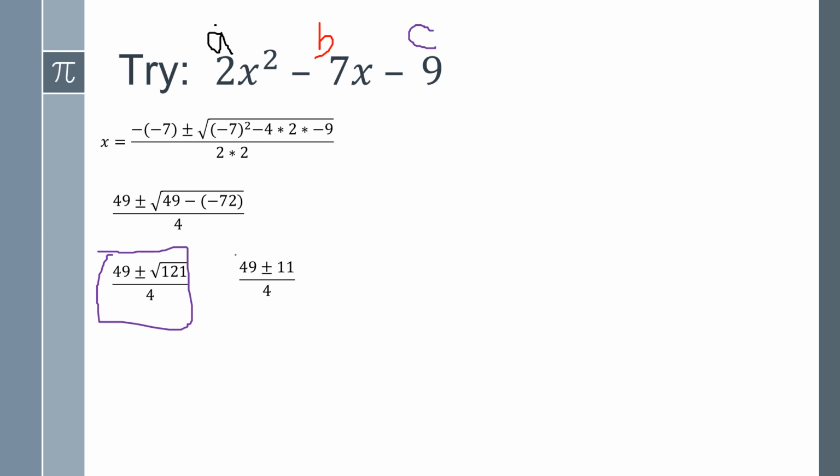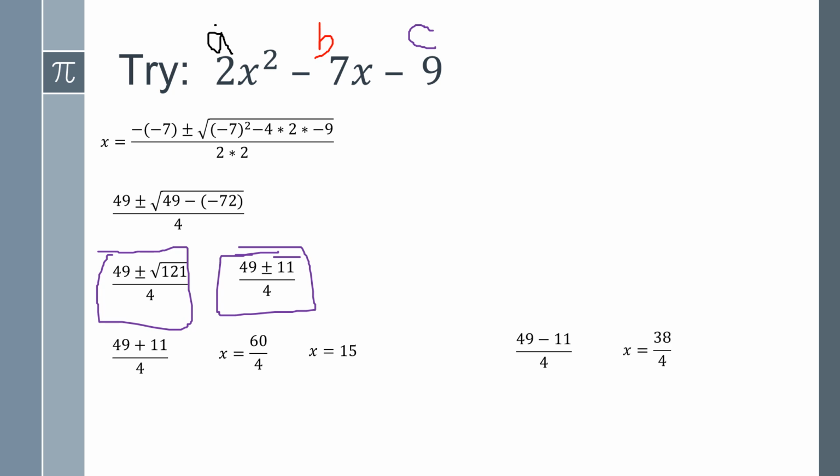So, because you have an integer here and an integer here, you could break this apart into 49 plus 11 over 4. So when you add 49 plus 11, you get 60 over 4, which simplifies to 15. And also, you could break that part again to become 49 minus 11. And 49 minus 11 is 38 over 4, which simplifies to 19 halves. And your answer you're going to get is 15 and 19 halves.